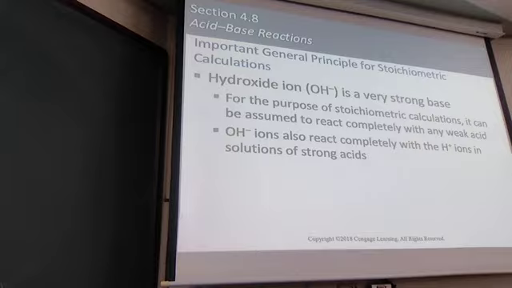These here will just come together, and they will form water. So you are left with sodium and chloride and water. Right? And now you can also see this would be the complete ionic equation.